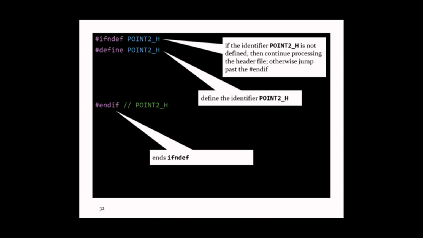So the first time point2.h gets included into the program, that name is not defined, so we'll define it. The rest of the header file gets included, and then we hit the end of the header file. If someone tries to include the header file a second time, point2_h is defined according to the preprocessor, and so everything else in here gets skipped. So that prevents the header file from being included more than once into your program.